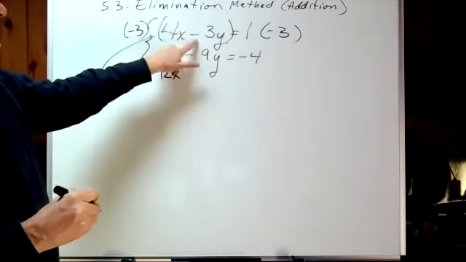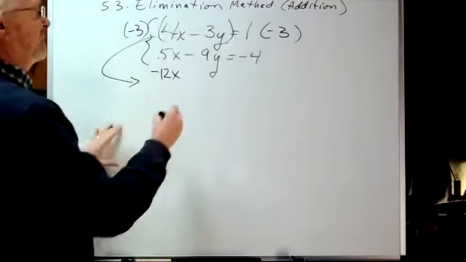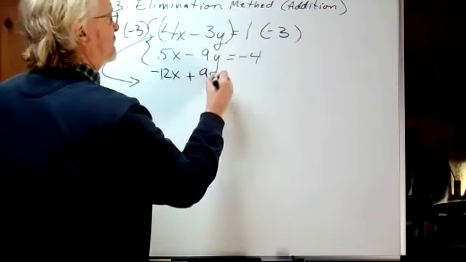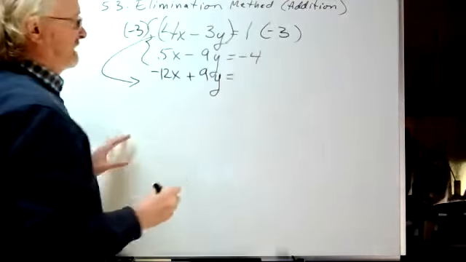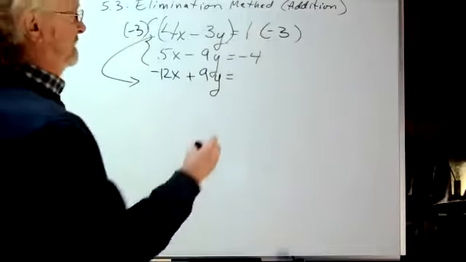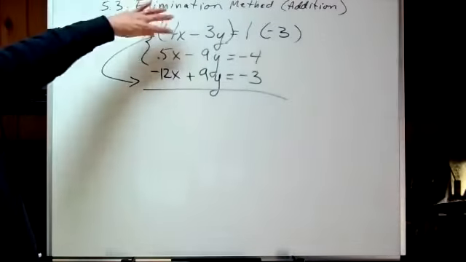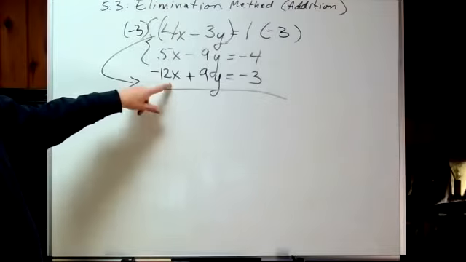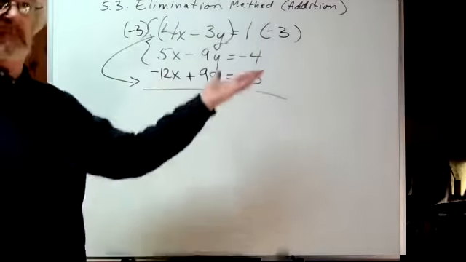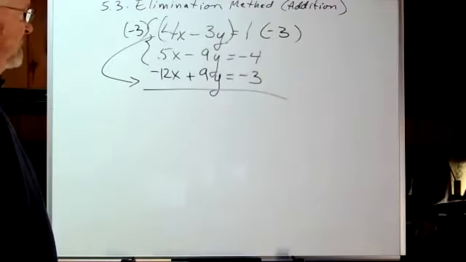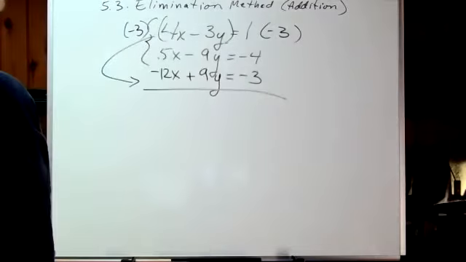Negative 3 times negative 3 is positive 9y. And don't forget the other side, negative 3. There. I changed that first equation to this one. Same, proportionally bigger, same balance there. But now the y's will go away again if I add them together.